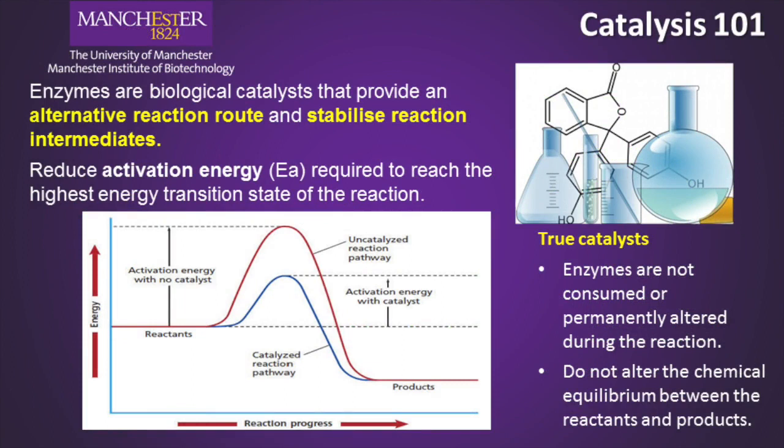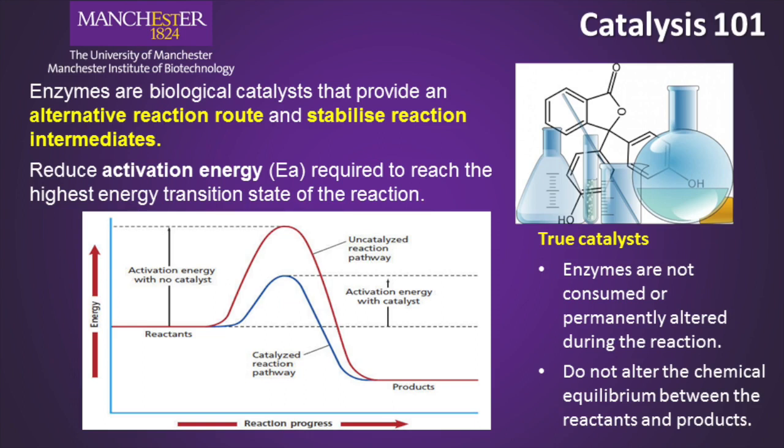So what we know is that enzymes are biological catalysts that provide an alternative reaction route and can stabilize reaction intermediates for an overall reaction. They're catalysts because they reduce the energy that's required to reach the highest point on the free energy diagram for an overall reaction.